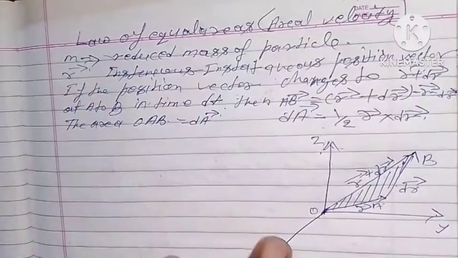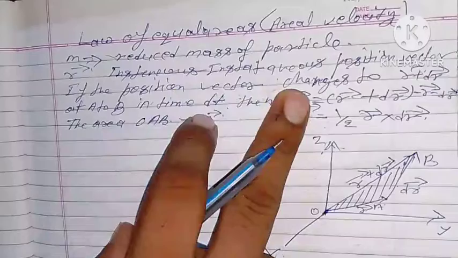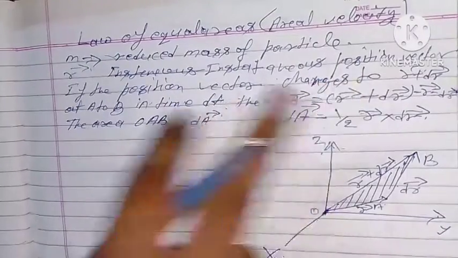Let m be the reduced mass of the particle and r the instantaneous position vector.